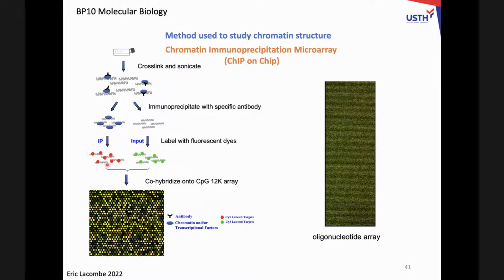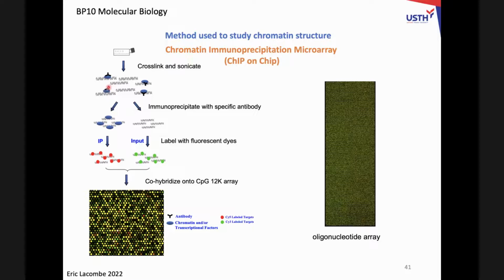If we hybridize all these DNA fragments on the array, you will see a signal only on the part of the genome that contains this protein. So you can have a direct picture of the places in the whole genome that contain the target of the antibody.